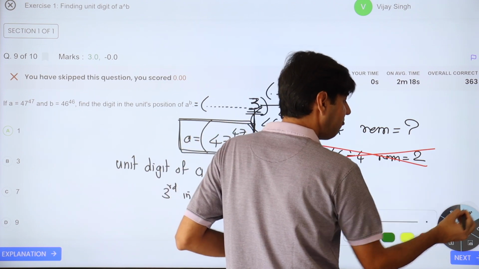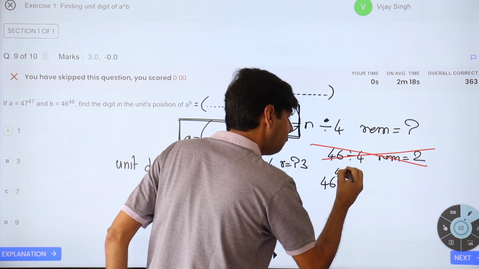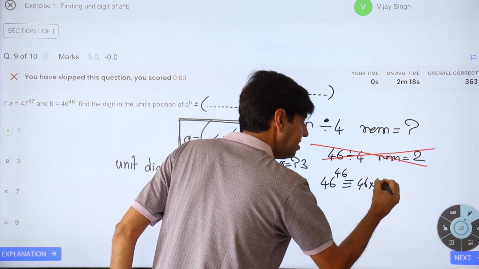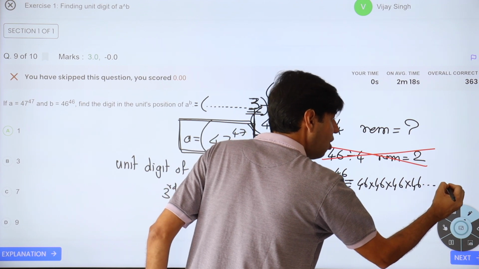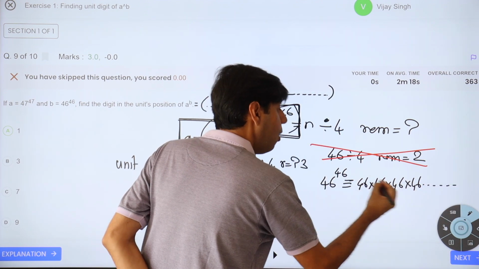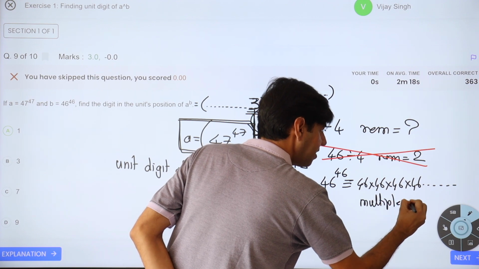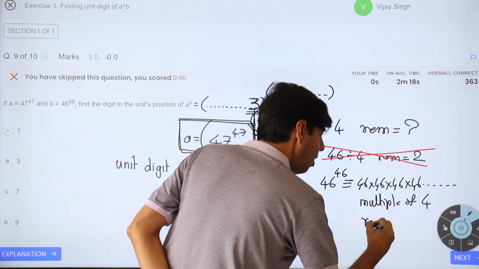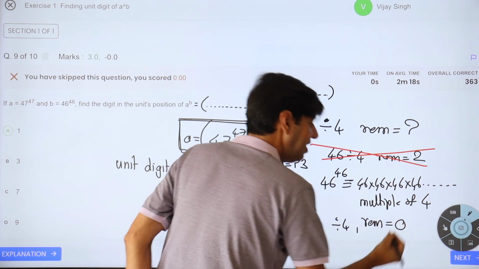It is not 46. It is 46 raised to 46, which is 46 into 46 into 46 into 46, 46 times, which is a multiple of 2 or 4. And being a multiple of 4, when divided by 4, the remainder is 0.